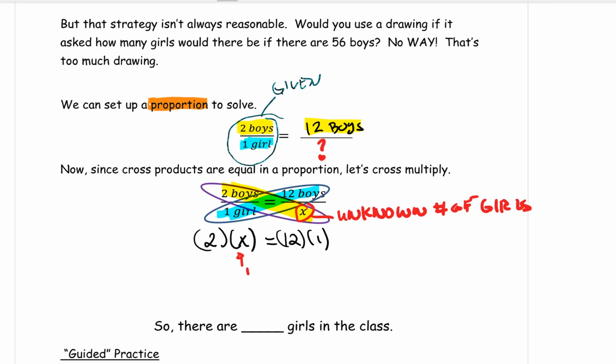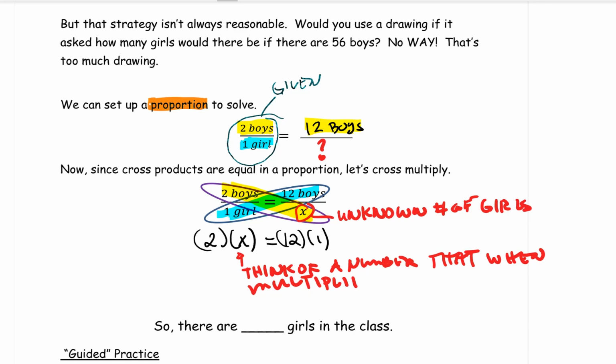So think of a number that when multiplied by 2 gives 12. Okay, so think of a number.